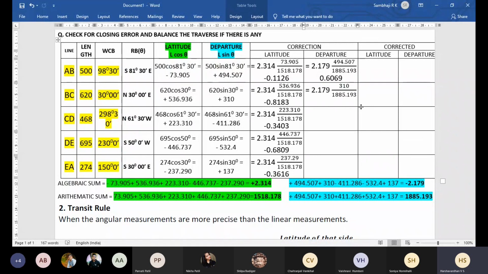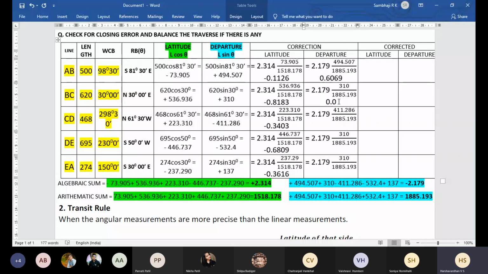So the value is 0.0358, sir. Please check the calculation.